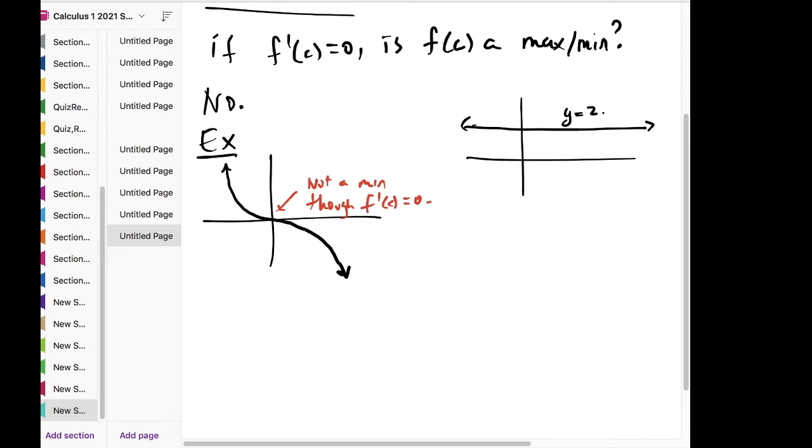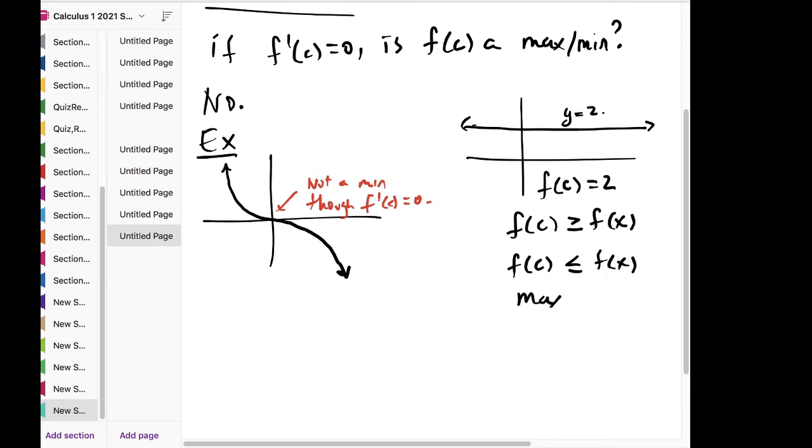Okay, so actually I'm glad you talked about the horizontal line because that still obeys the max and min expression, right? f of c is equal to 2. So f of c is greater than or equal to f of x, and f of c is less than or equal to f of x.